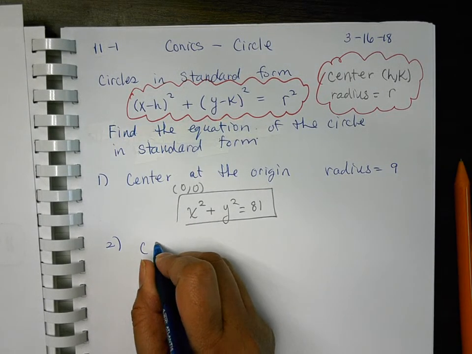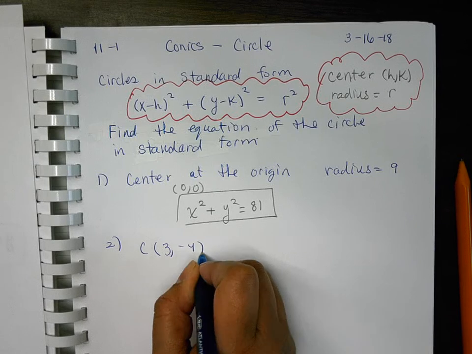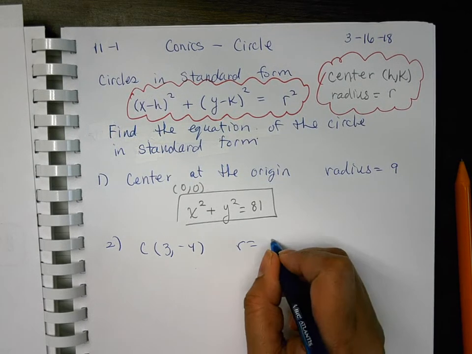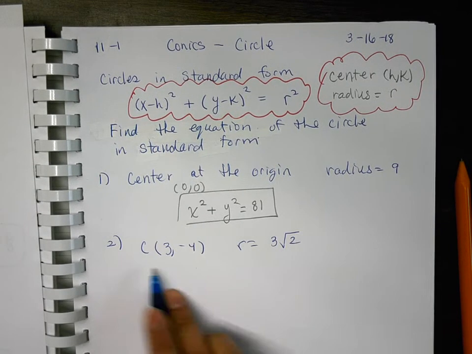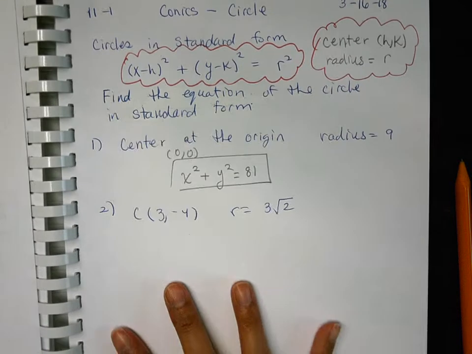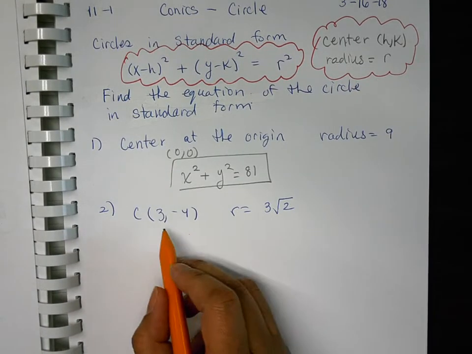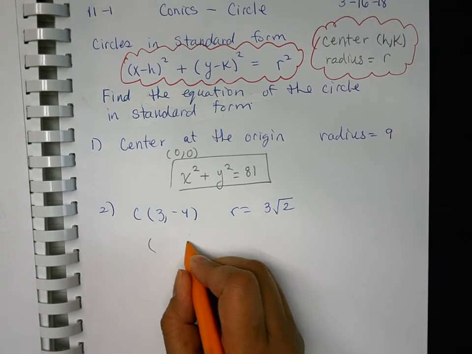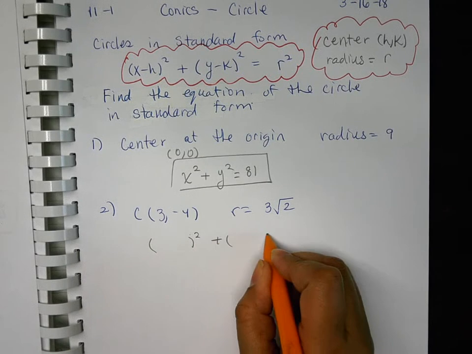Center is 3, negative 4. And radius is 3 root 2. I just put C for center, R for radius. Because the center is no longer 0, 0, I am going to have quantity squared here.